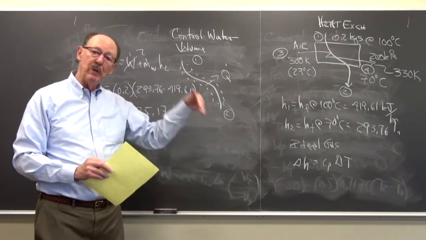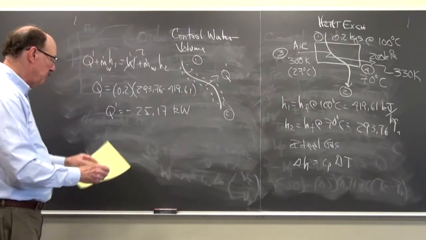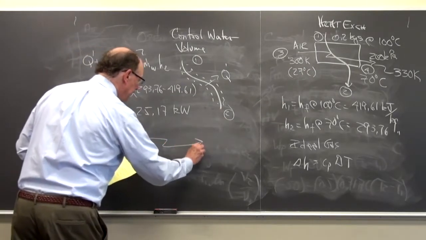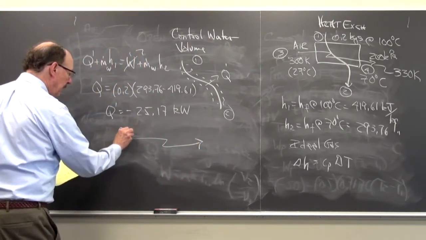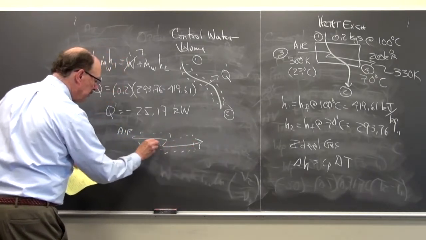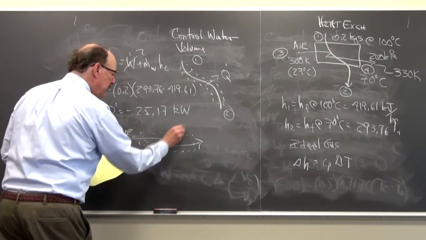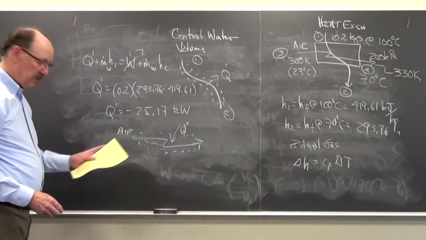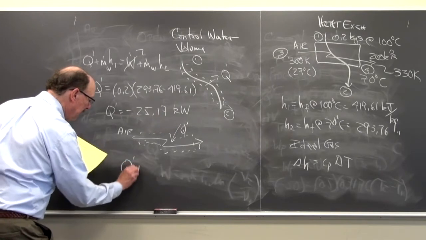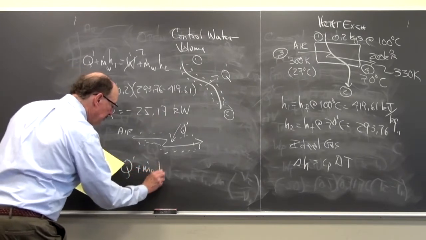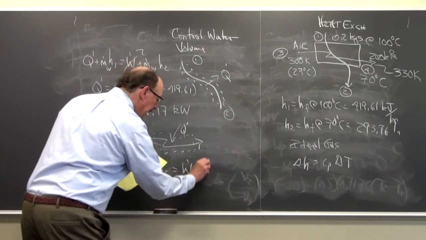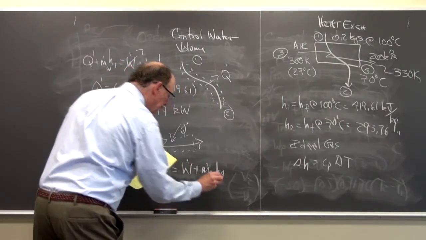So this is the heat that's leaving, and now we look at the control volume from the air perspective, and heat's going into it. So here I have the air, and again we have our control volume around it, and now I have Q dot going into it. So Q dot plus m dot air H3 is equal to W dot plus m dot air H4.